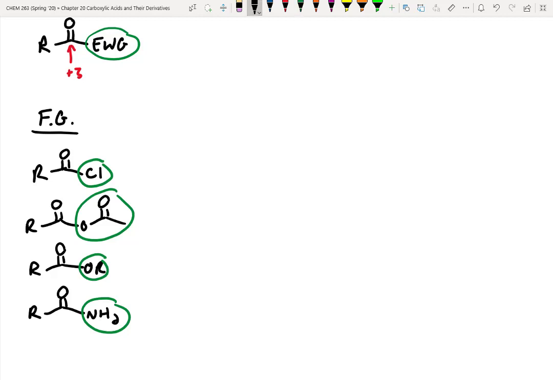All right, so if we think about the electron withdrawing group that's attached, we can consider them almost like leaving groups. So in the first example, if this were a leaving group, it'd be Cl-. For the anhydride, the leaving group would be a carboxylate anion. For esters, it would be an alkoxide.